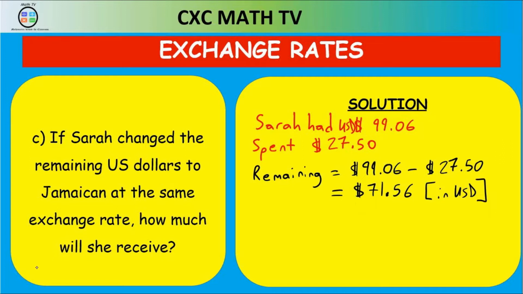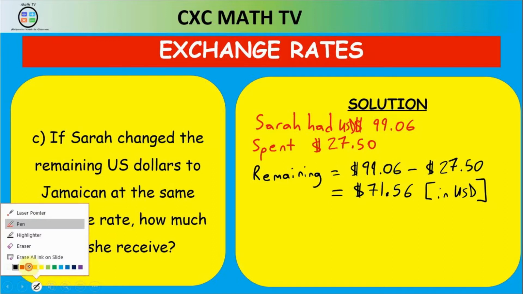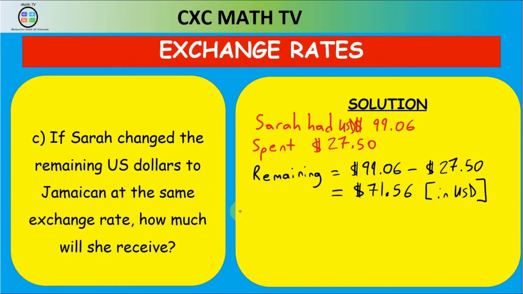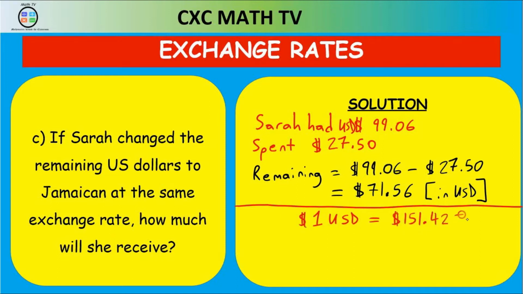Now, of course, it says how much will she have in Jamaican currency? So, of course, we're going to have to convert to Jamaican currency using the cross multiplication technique. So, doing this question, you're always going to start with the exchange rate. So, start by writing down, I hope you remember, 1 USD is equal to 151.42 JMD. And then right now, Sarah has $71.56 USD.